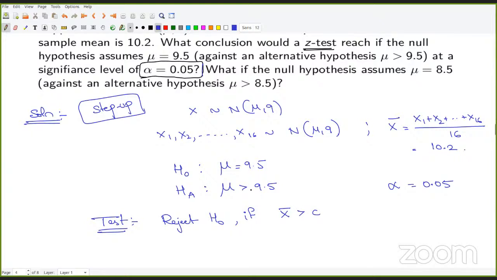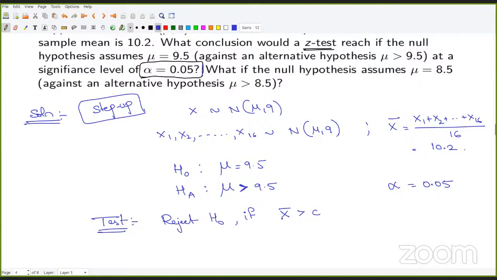So again, I am repeating, if you are confused with these things, whatever the sign of the alternative hypothesis is, the same sign holds for the test. Because if the sample mean is greater than the critical value, it tells us mu is actually greater than 9.5. It's not 9.5, it's actually greater than that. Your sample mean itself is greater than some critical value. So we are getting higher values.